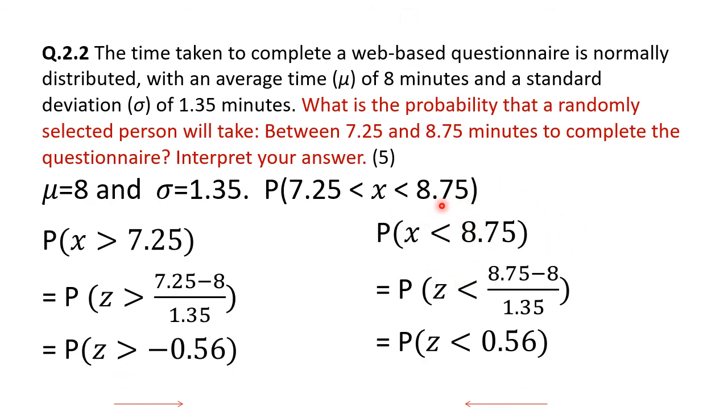I have 8.75, which is my x value. I substitute into the formula, minus 8 divided by the standard deviation, and I'm going to get 0.56, which actually means then I'm looking at the area between minus 0.56 and 0.56. The next stage after changing to a z-score is to draw the diagram.